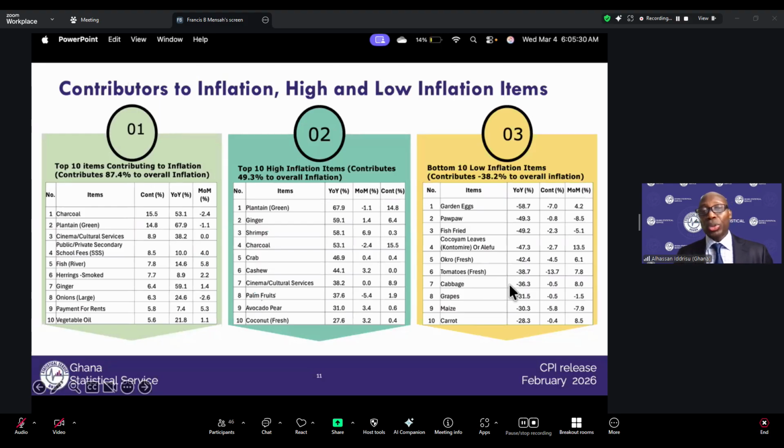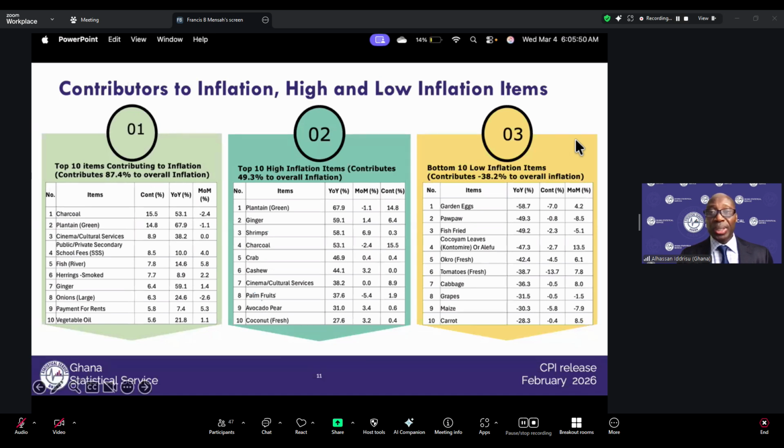So what I want you to take away from this explanation is that inflation is different from cost of living. In fact, inflation is not the same as cost of living. Inflation is just one aspect of cost of living.